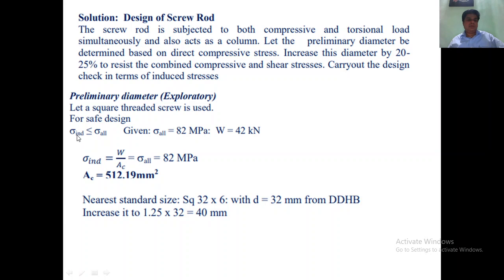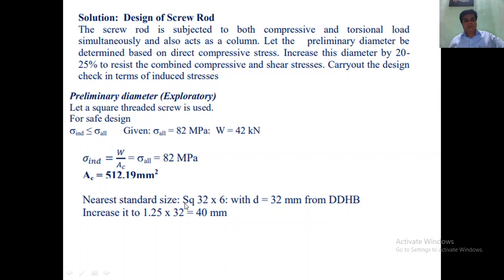So the induced stress should be equal to the allowable strength of the material. When this is equal, we can find the cross-sectional area of the screw rod. The area is given as 512 millimeter square.